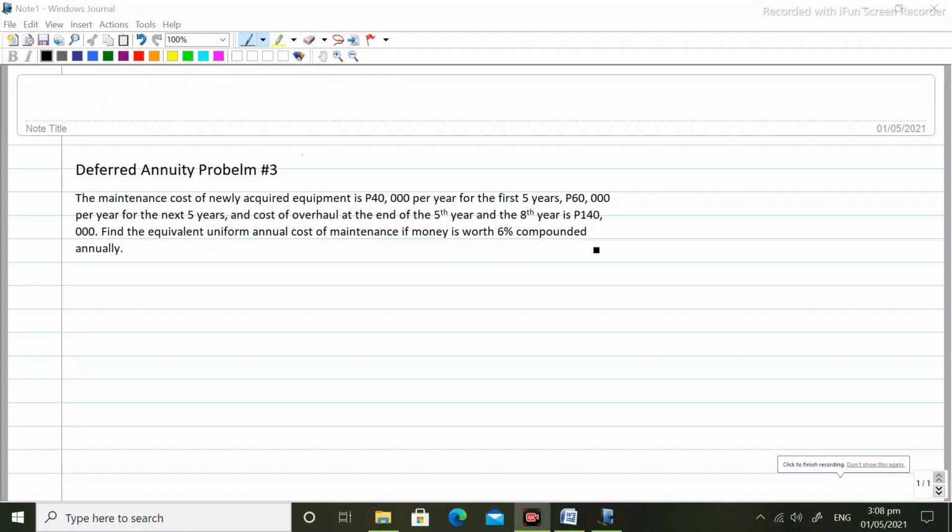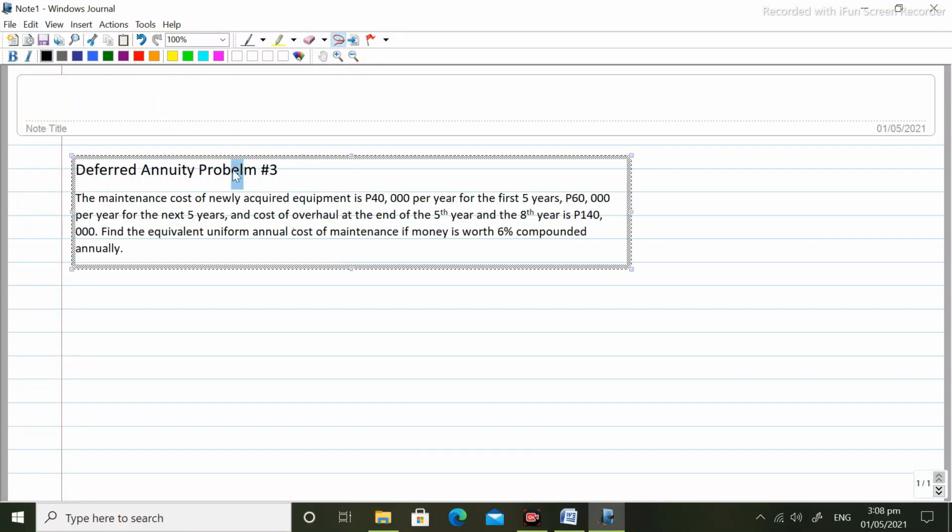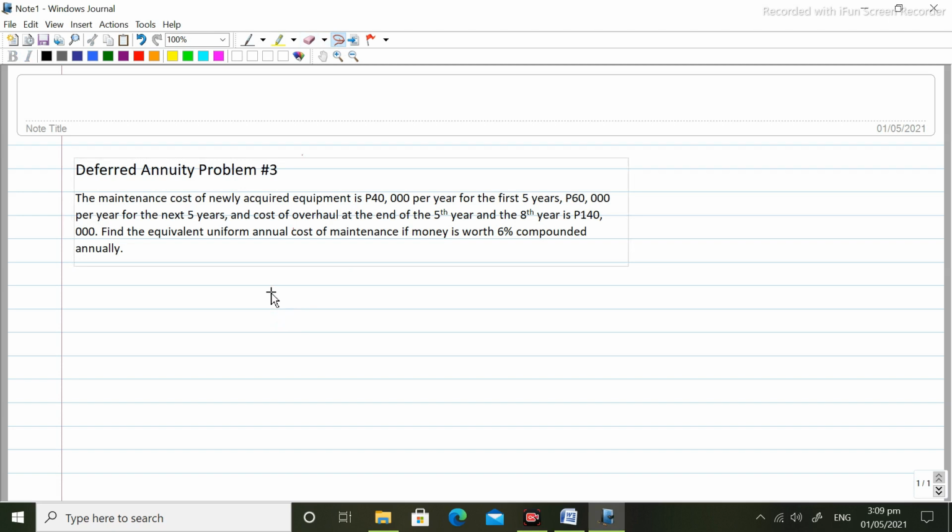Hello guys, next problem natin sa Seatwork is yung deferred annuity. The maintenance cost of a newly acquired equipment is 40,000 per year for the first 5 years, 60,000 per year for the next 5 years.